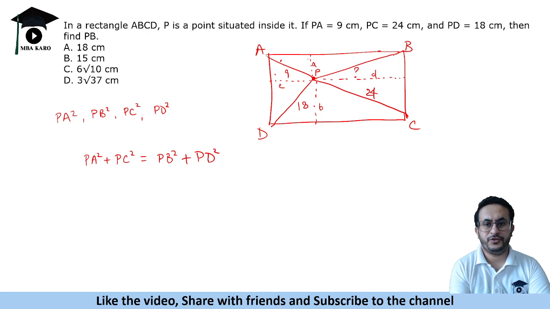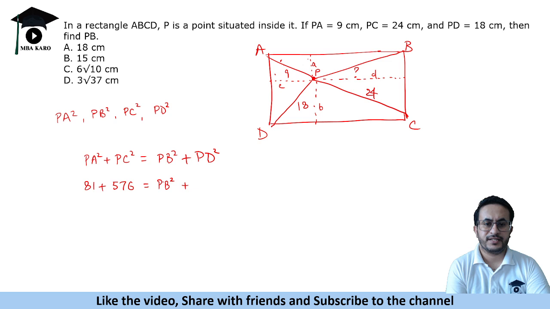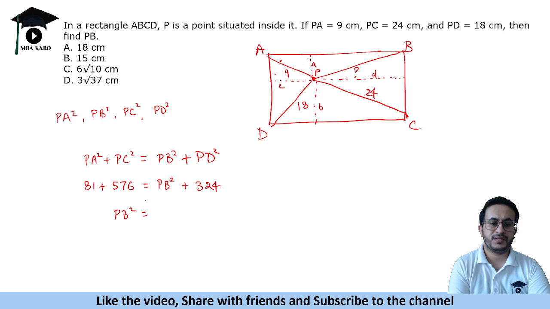So we need to find PB square, and then PB. PA square is 81, PC square is 576 and PD square is 324. So we will get PB square is equal to 576 plus 81 minus 324, which is 252 plus 81, 333.